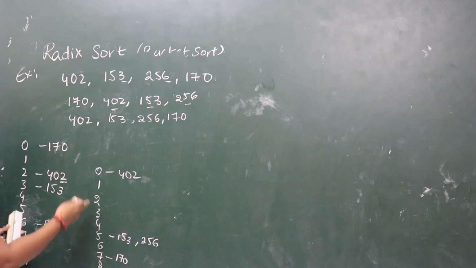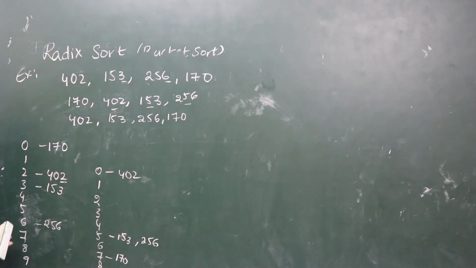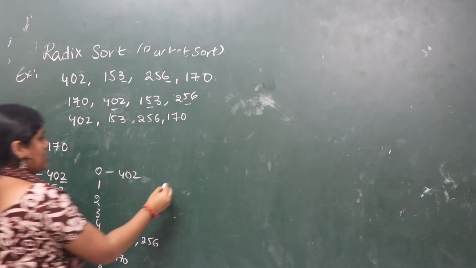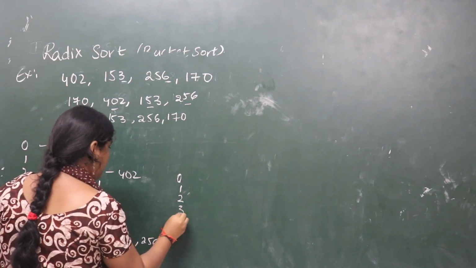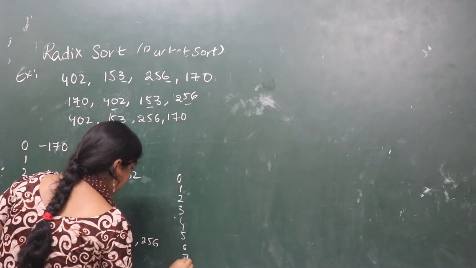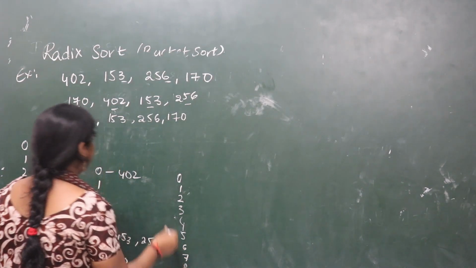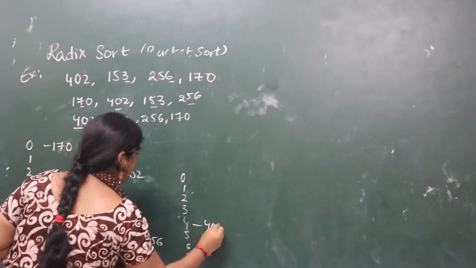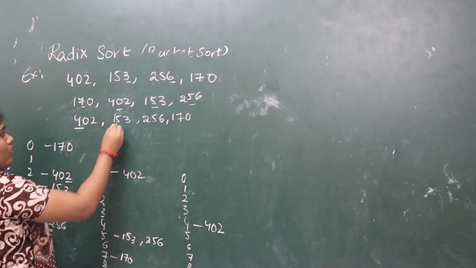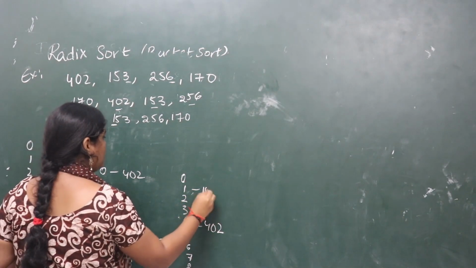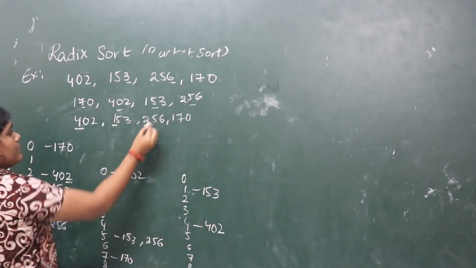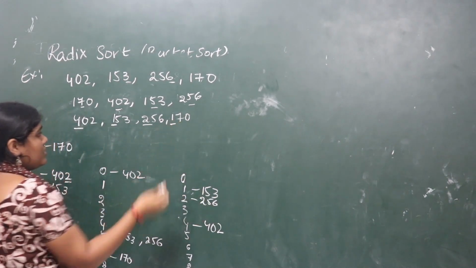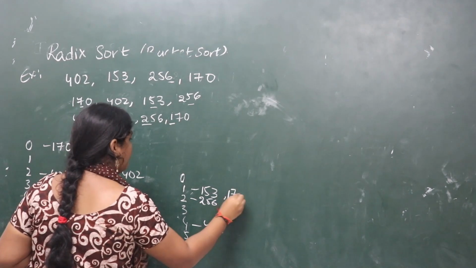So as I have completed the tens position, I am going for the hundreds position. The input for the hundreds position comes from the tens position. So here the hundreds position of 402 is 4, the hundreds position of 153 is 1, so 153, the hundreds position of 256 is 2, and the hundreds position of 170 is 1, so we will get 170.